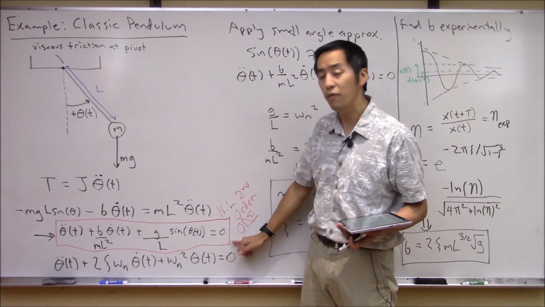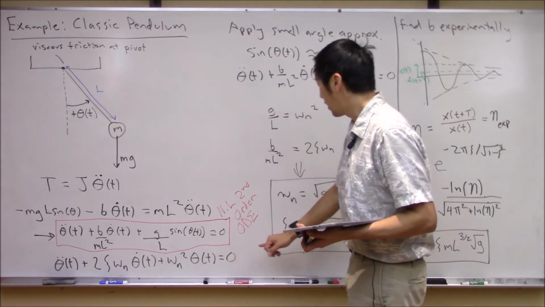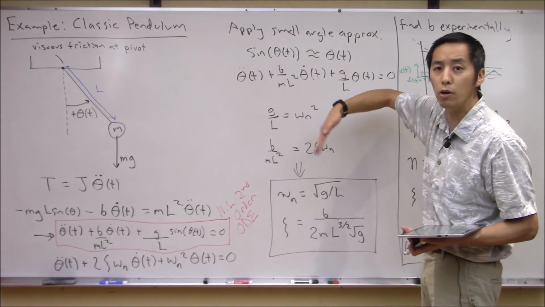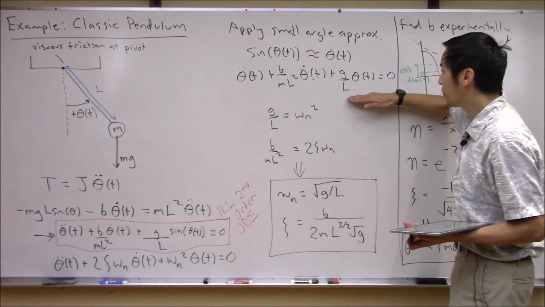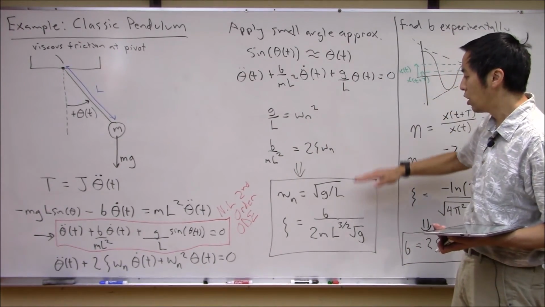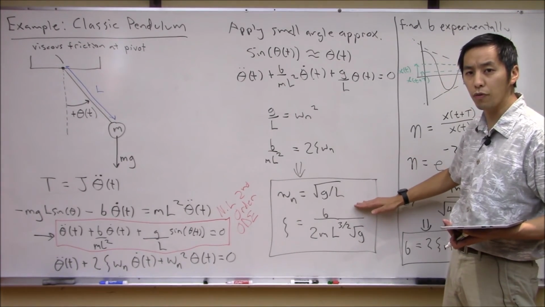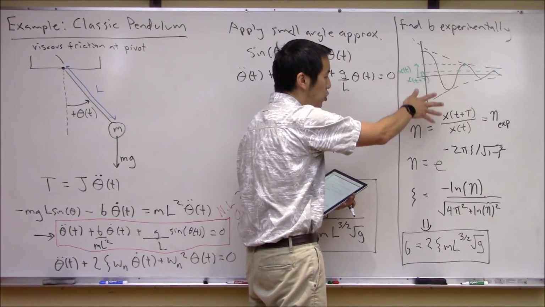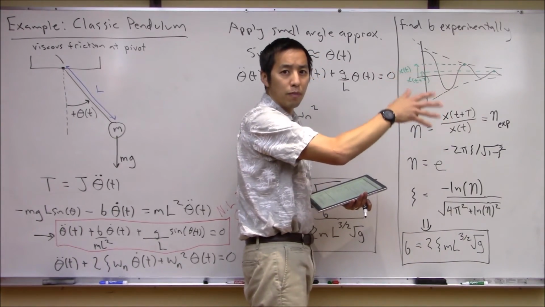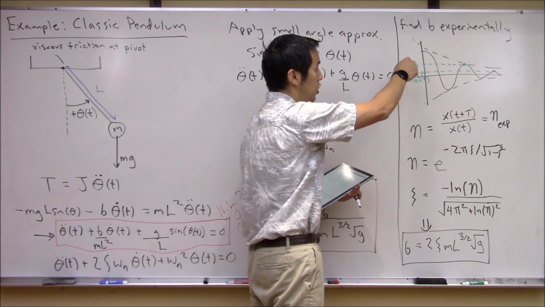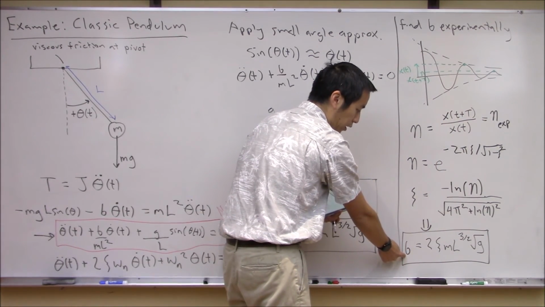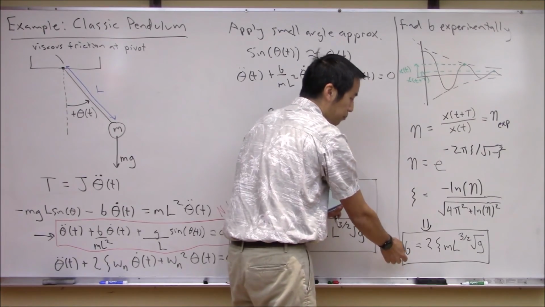Then we made an approximation and said, if we restrict the motion to small angles, we could come up with a linear differential equation, which can be written in standard second order form. And then we even came up with a way of measuring parameters from the system response, such as finding out what the viscous coefficient for this model was via experiment.